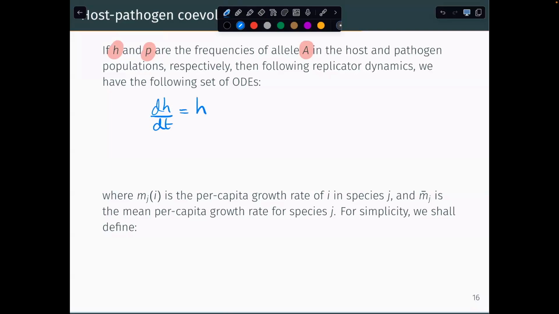Using our replicator dynamics, this is going to be H, our current frequency. And then here we have our per capita growth rate, or in this case, they'll end up being the same as the fitness of allele A, minus the mean growth rate of the host population.